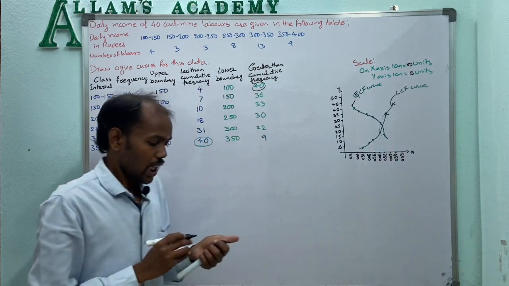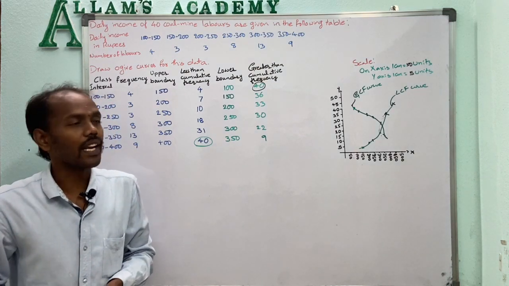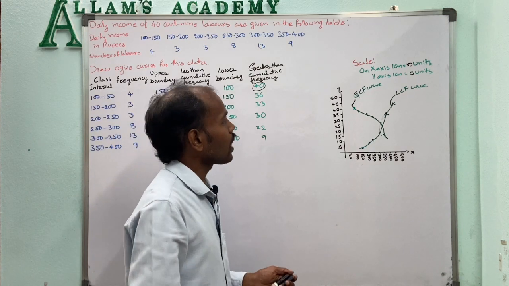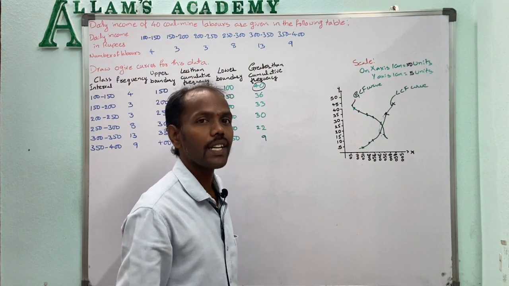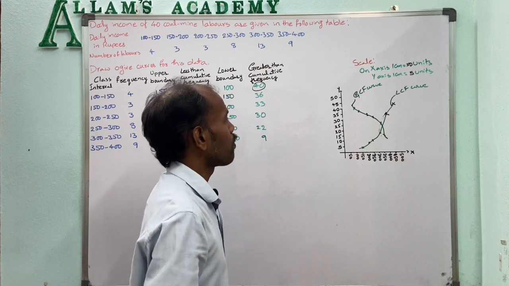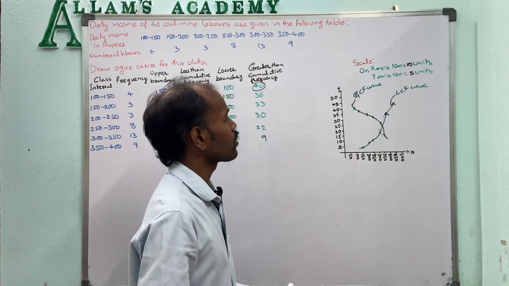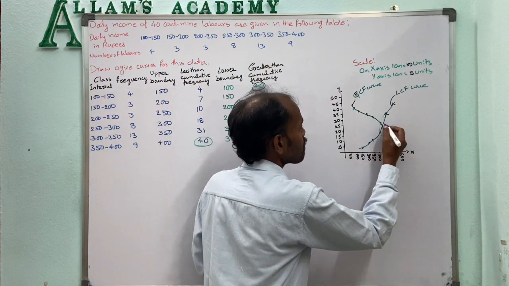Now, how do we find the median through this graph? We take the point where both graphs intersect. Here both the graphs intersect at this point.